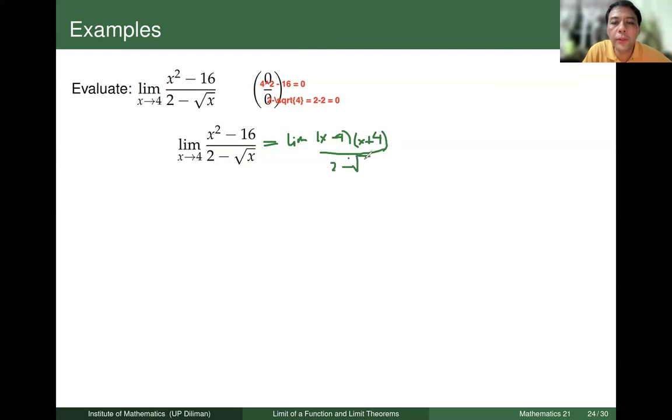Now, to solve this, we multiply with what is called the conjugate. So, it's just a difference of 2 squares. Now, 2 minus square root of x, para mawala yung square root na yan, i-multiply mo siya ng 2 plus the square root of x. Now, both numerator and denominator, so in effect, you're just multiplying by 1. Okay?